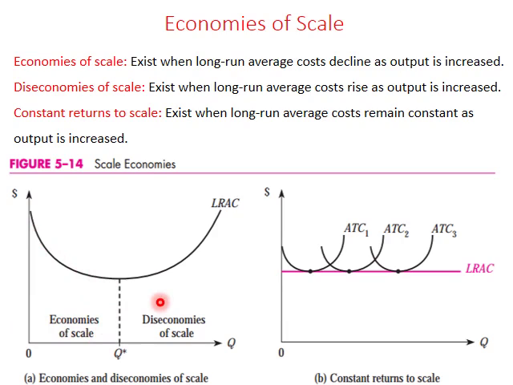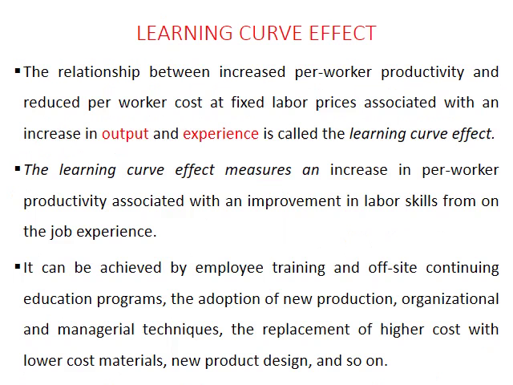So this portion is economies of scale, and as the output increases further, the long run average cost again increases. So here it is diseconomies of scale, and here the long run average cost is constant. So we call it constant returns to scale. It exists when the long run average cost remains constant as the output increases.